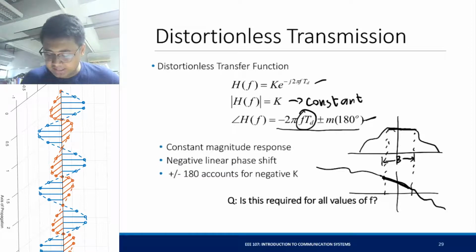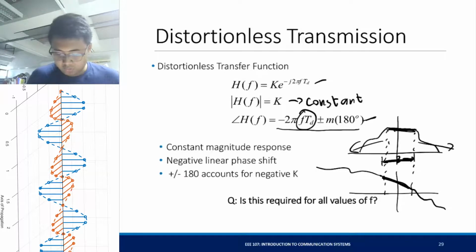If your signal has a bandwidth B, right, and the response of the system is constant in that bandwidth and negative linear in its phase response, then you still have achieved distortionless transmission. And an added bonus, you have filtered out any unwanted signals outside of your bandwidth.